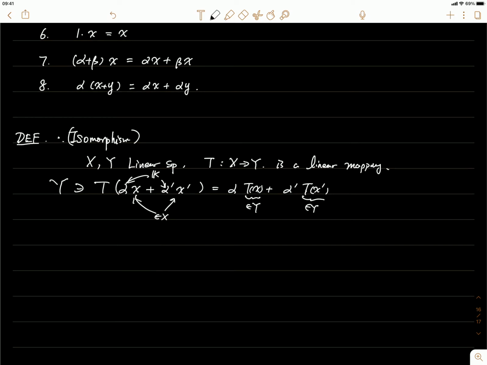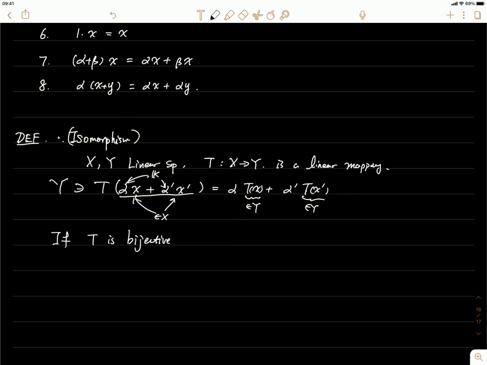Okay, it just means that if you apply the linear mapping to a linear combination like this, then you get a linear combination of the elements after the mapping. Okay, so if T is also a bijection, or bijective, by this we mean that T is injective and also surjective.